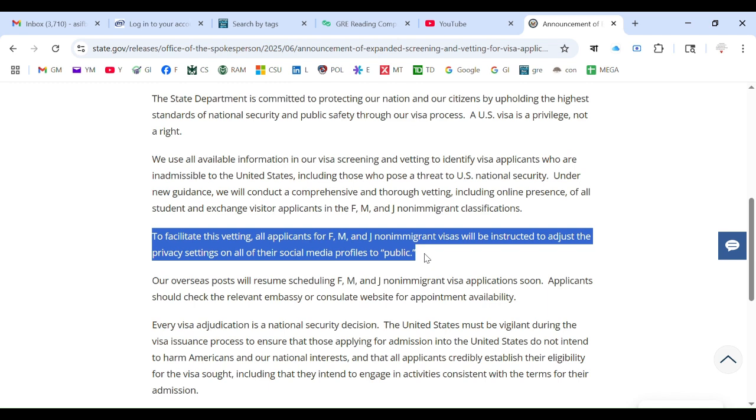If you do that, then US visa officers will be able to screen you through the comprehensive vetting process so that they will have an idea whether you are a threat to the United States or not, and then you will be given the visa if you are proved not to be a threat. How will they identify?